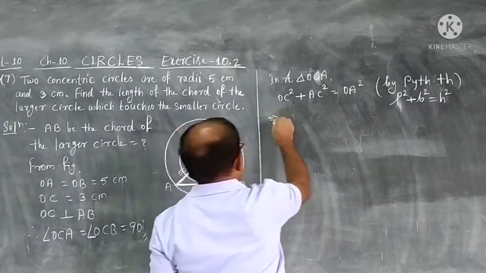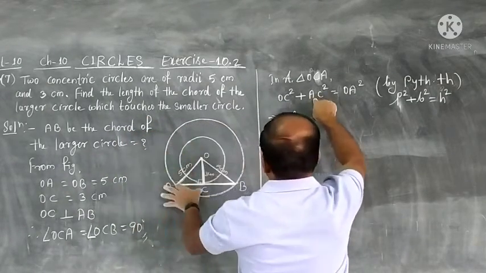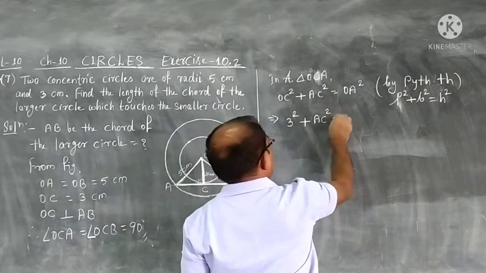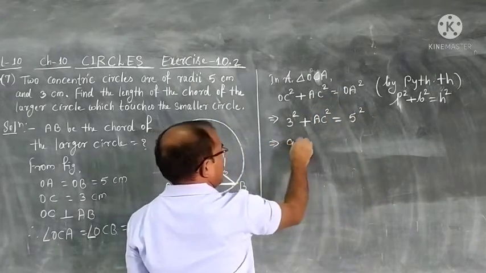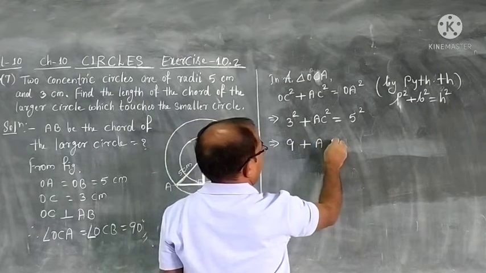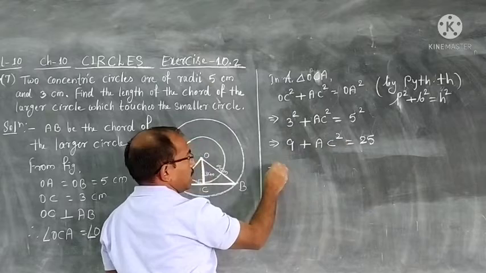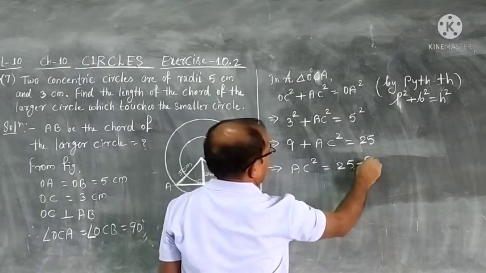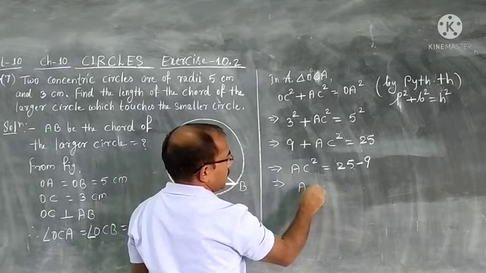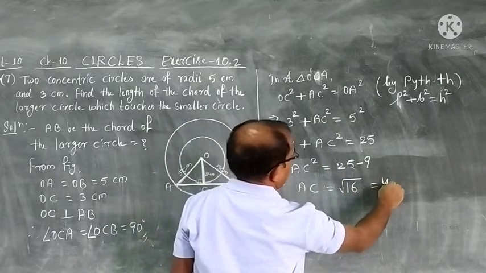OC is how much? OC is 3, so 3 square. AC is how much? Do not know, let it be AC. OA is how much? 5, so 5 square. 3 square is 9, plus AC square is equal to 25. 9 goes to the RHS, so AC square is equal to 25 minus 9, AC square is 16, and the square root is 4.